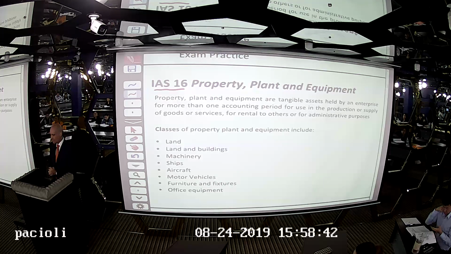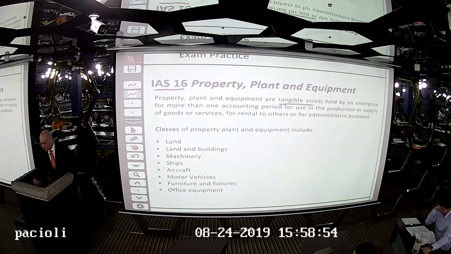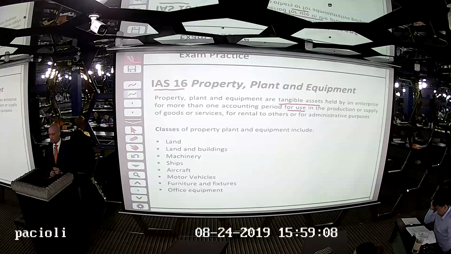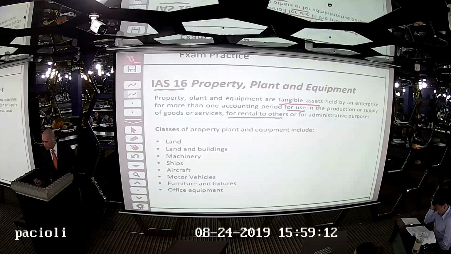So standard IAS 16, property, plant, and equipment, gives us the definition of PPE, and tells us how to do accounting for PPE. It says here, property, plant, and equipment are tangible assets you can touch, held by an enterprise for more than one accounting period, so non-current, for use in the production or supply of goods or services, for rental to others, or for administrative purposes.